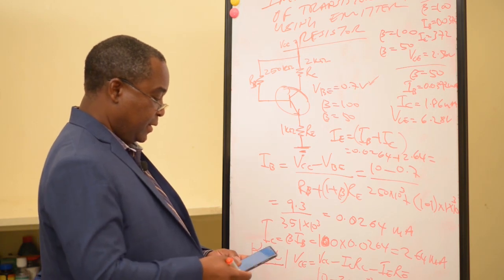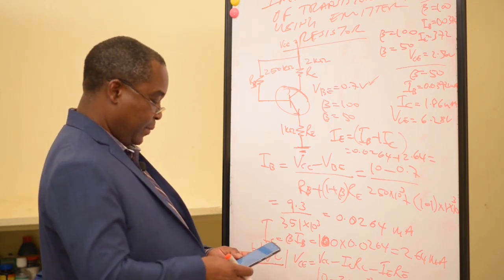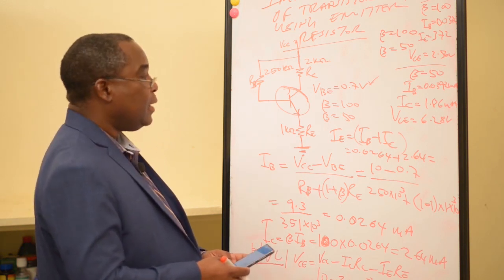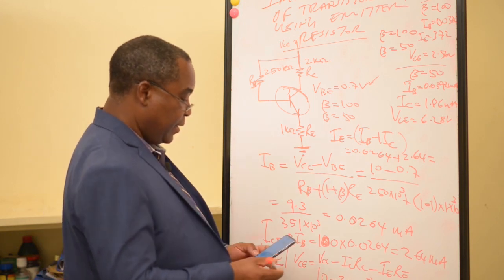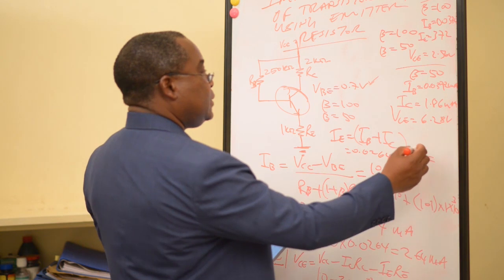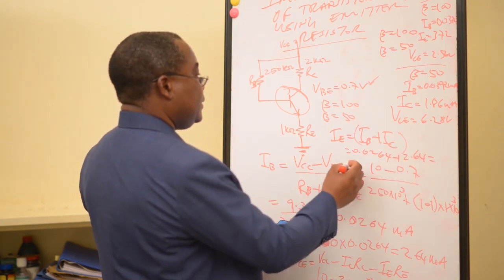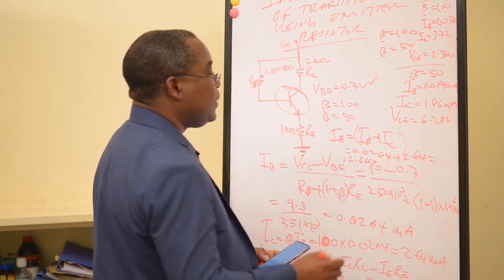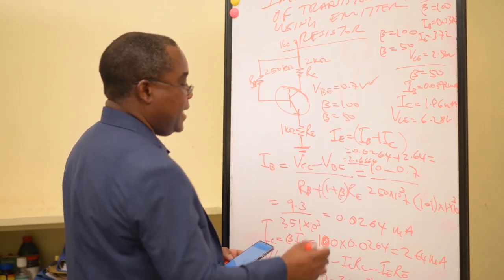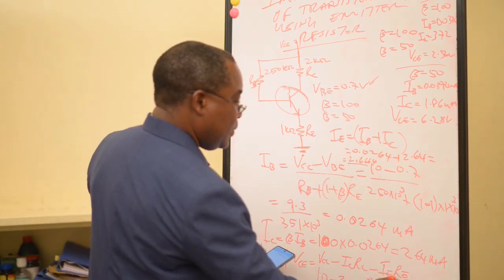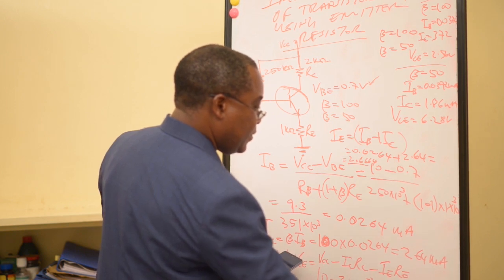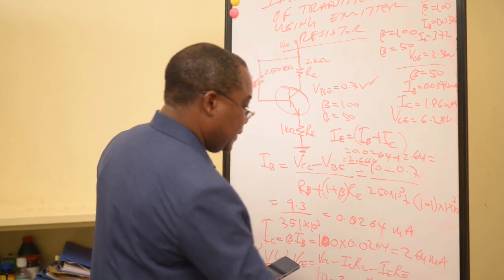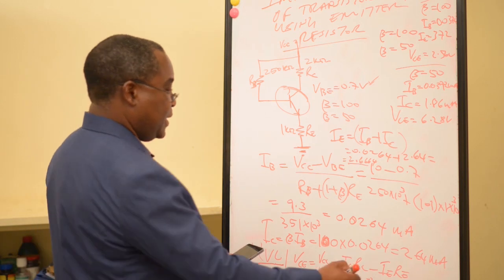It's again our normal calculator, a simple algebra. 0.0264 plus 2.64, we have 2.6664. So this is our IE. Our IE is 2.6664 times 1 times 10 power 3, that's our kilo ohms RE.